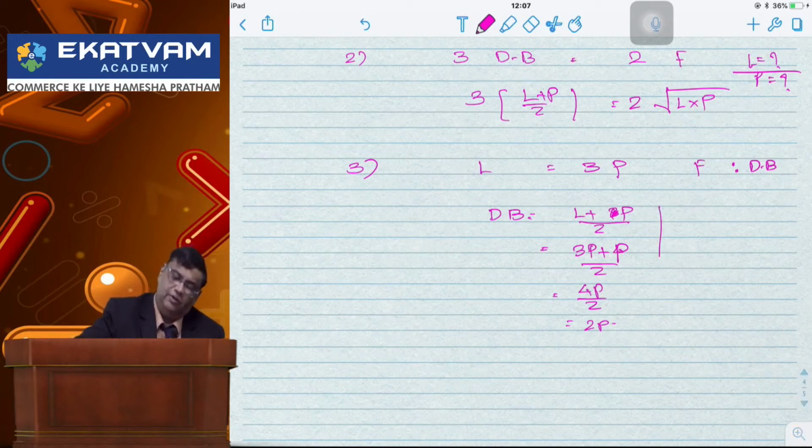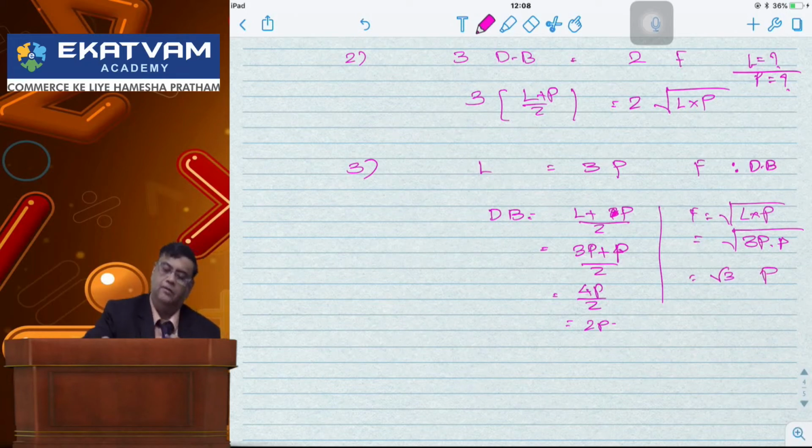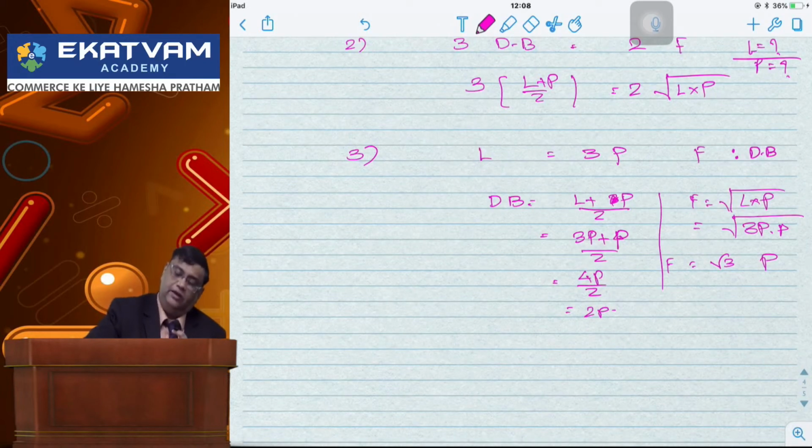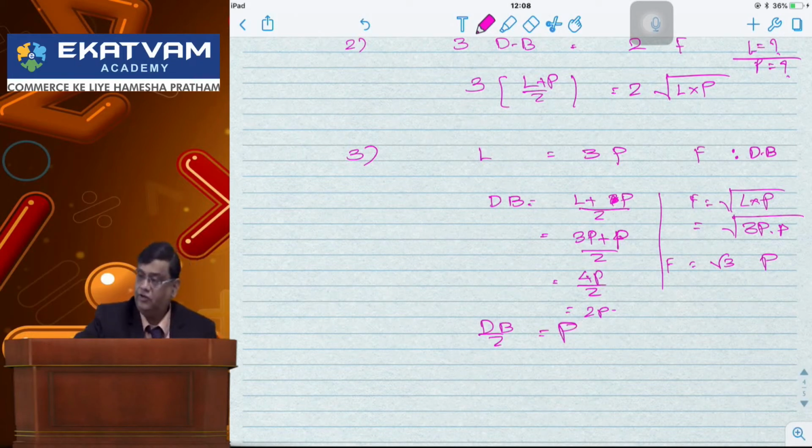Now my question is, tell me, what is Fisher's index number? It is root of L into P, but that will mean root of 3P into P, that is root 3 P. Correct, no? So this is Fisher's index number. And if that is true, then Drobisch-Bowley's index number upon 2 is P, and Fisher's index number upon root 3 is also P. Both are same.